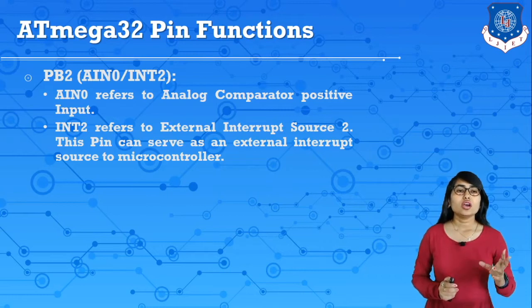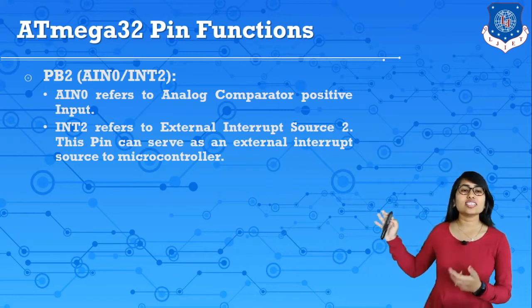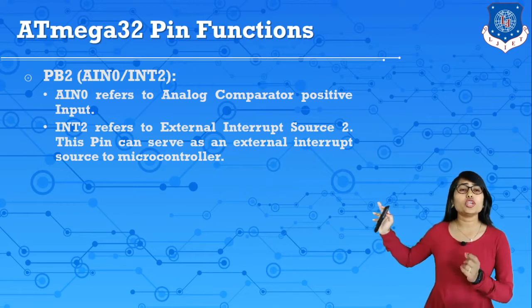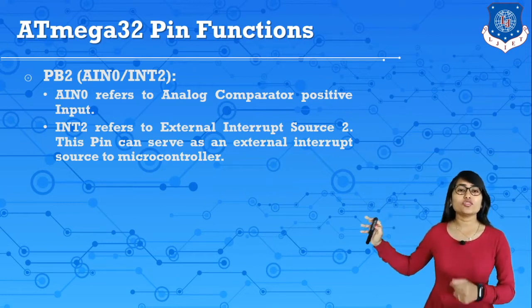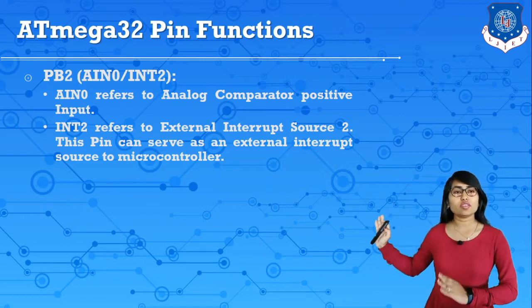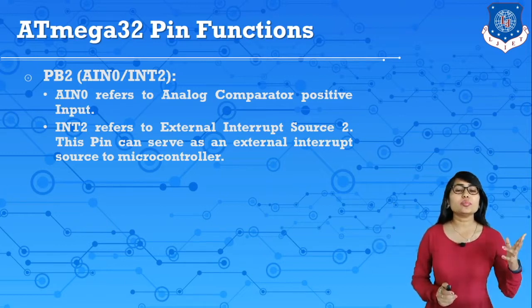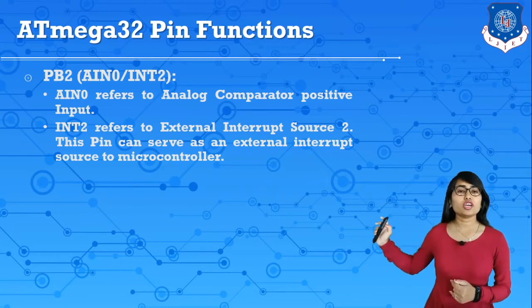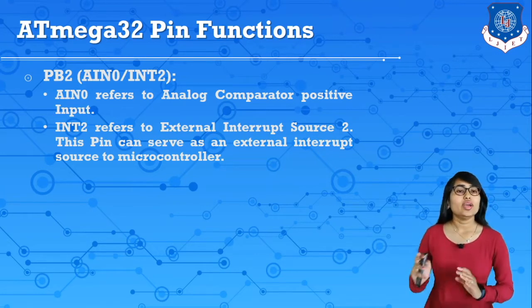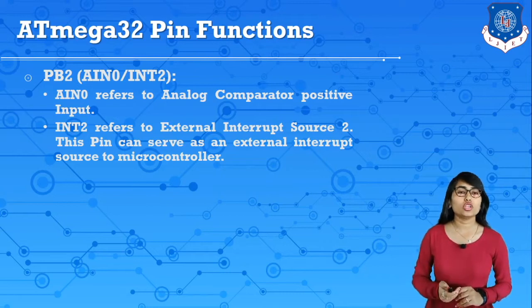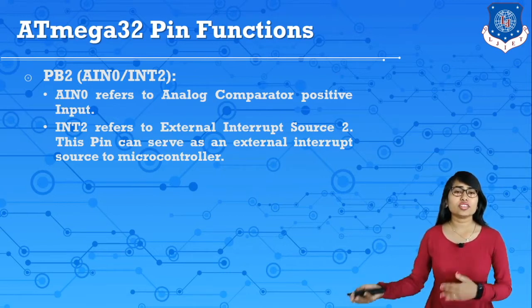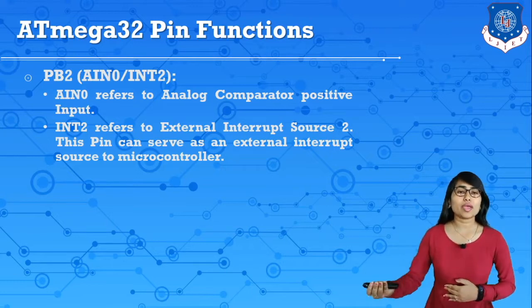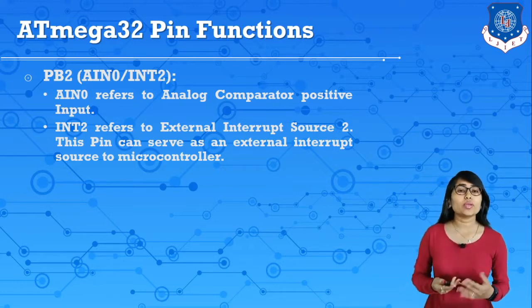Whenever the analog comparator is used, this AIN0, that means port B2, is used. INT2 refers to external interrupt source 2. This pin can serve as an external interrupt source to the microcontroller. Whenever the device is interrupted through other peripherals, this INT2 pin can be used to interrupt the microcontroller.